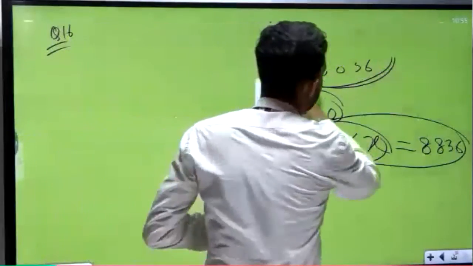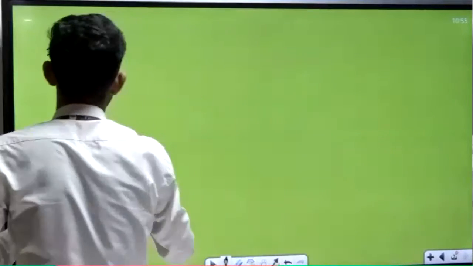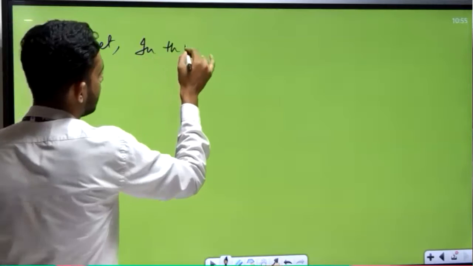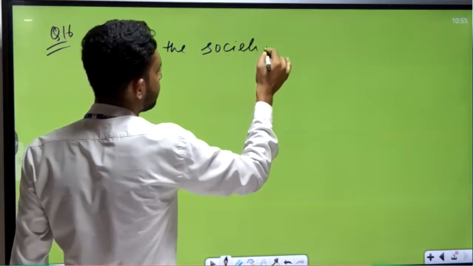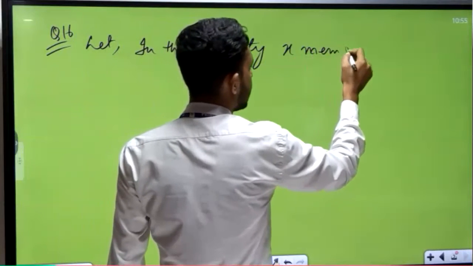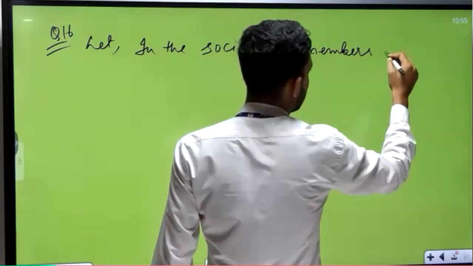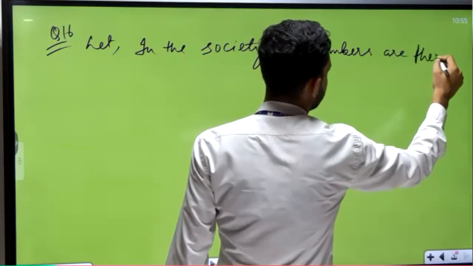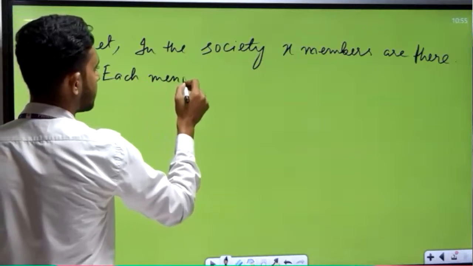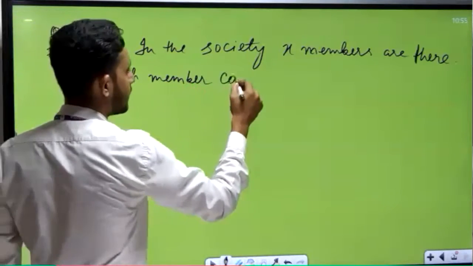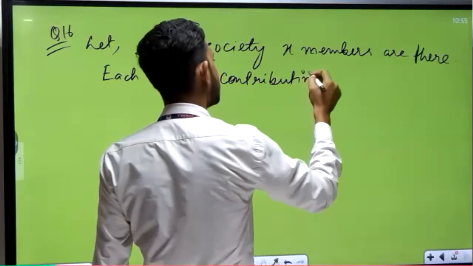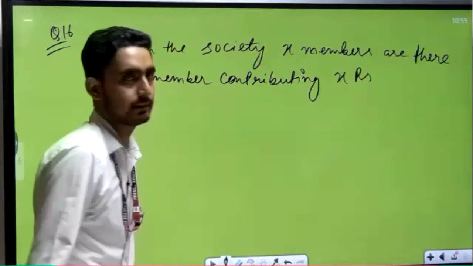Okay, so all of you see here properly. I'm writing here, all of you write with me. Let in this society X members be there, and each member contributing X rupees.